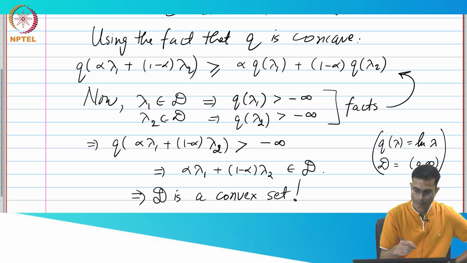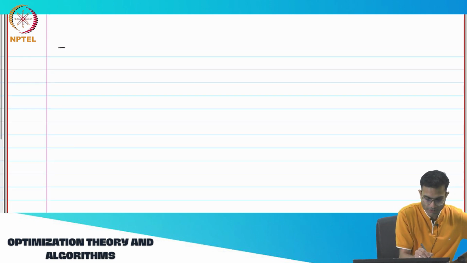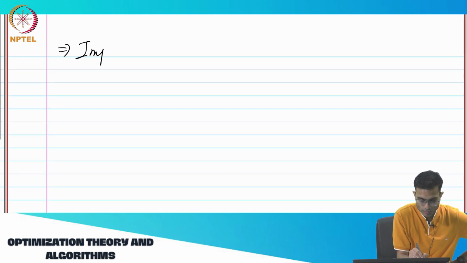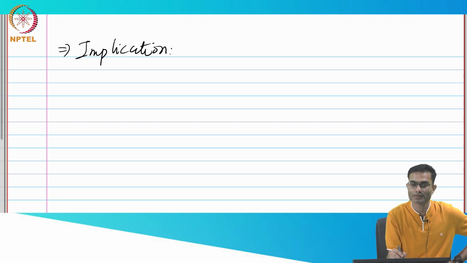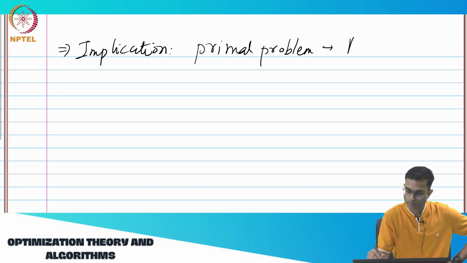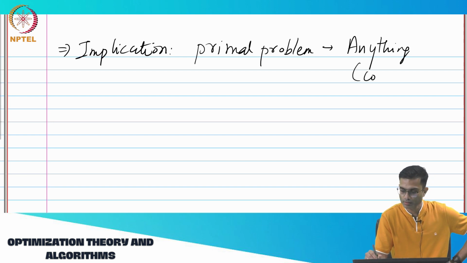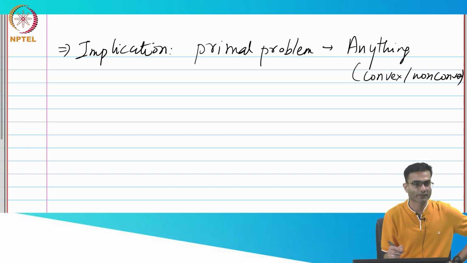Fine. So, I've already said this before, but what is the implication? The implication is that the primal problem can be anything. By anything I mean convex, non-convex.